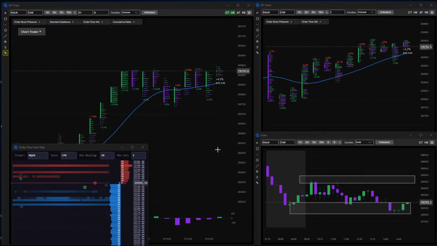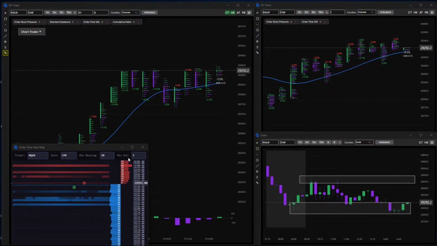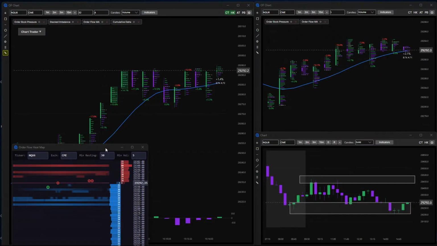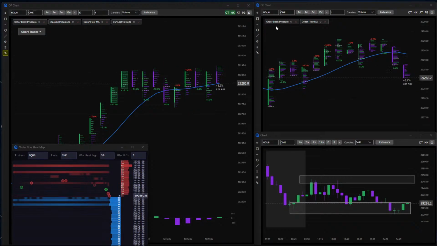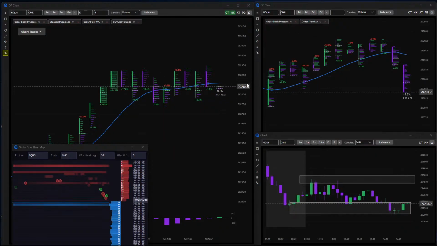I think it's my system. So I got to look into that and find out. It doesn't happen all the time, but when it does, it's annoying. It's got to be a threading issue in the code. But yeah, this is how the order book pressure indicator is going to work.